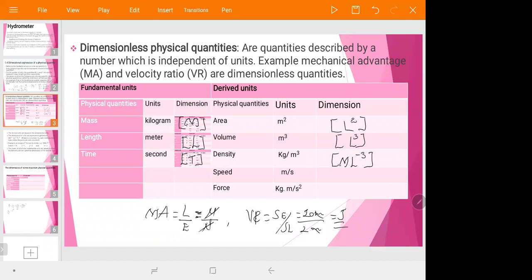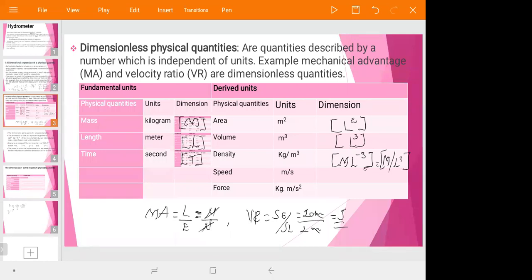So the dimension of density is equal to M L to the power of minus 3. This means they are equal. For example, capital M per L cube, they are equal. So the dimension of density is equal to M L to the power of negative 3.